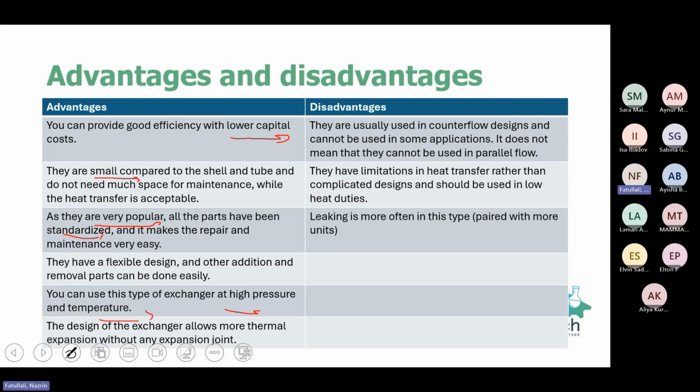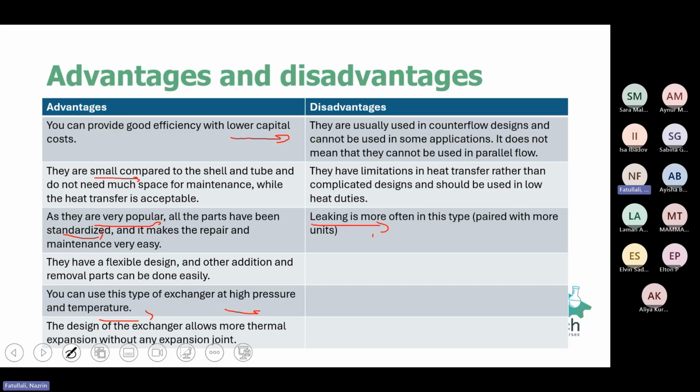But at the same time, they have some disadvantages because there is limited area for heat transfer, and it decreases efficiency. If you have a large duty, you can't use it because it's more prone to leaking over time.